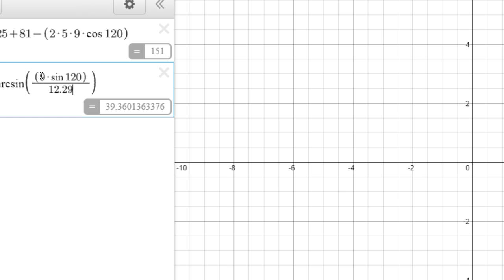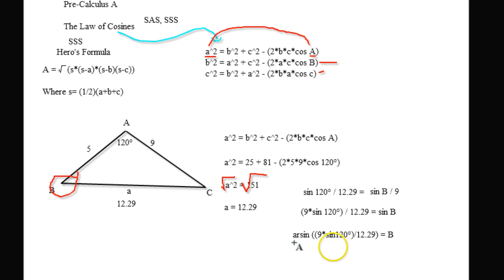Yep, 12.29. And we should get the angle measurement to be 39.36.